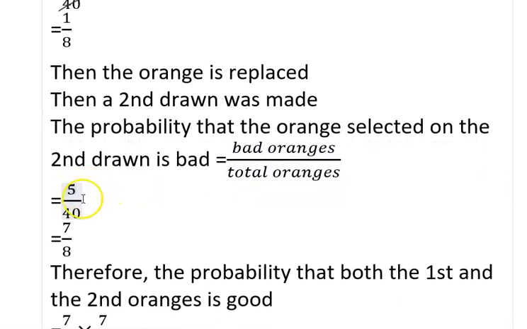We have 5. Total oranges, we have 40. So if 5 can go here 1, 5 can go here 8. So we now have this to be what? 1 over 8. Beautiful.